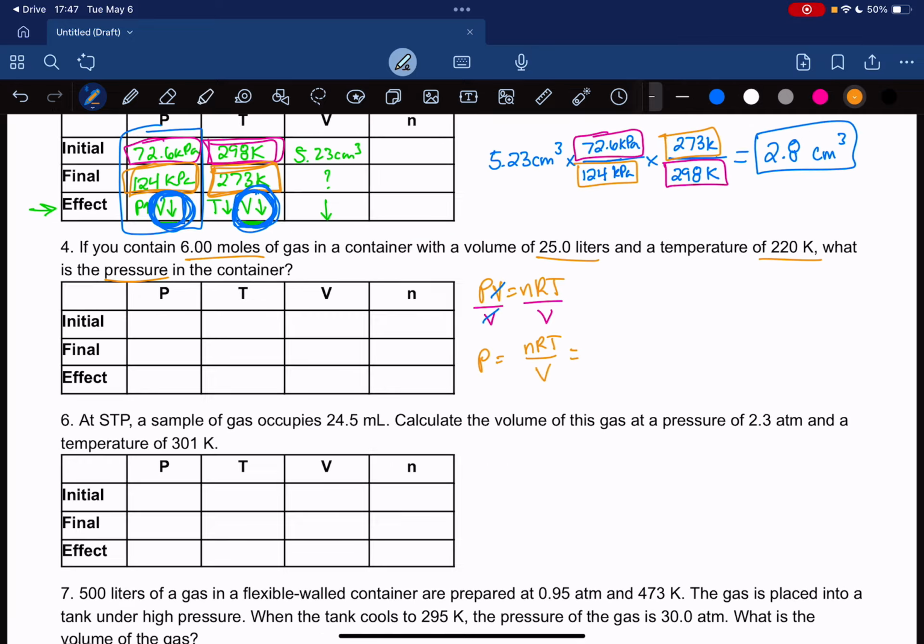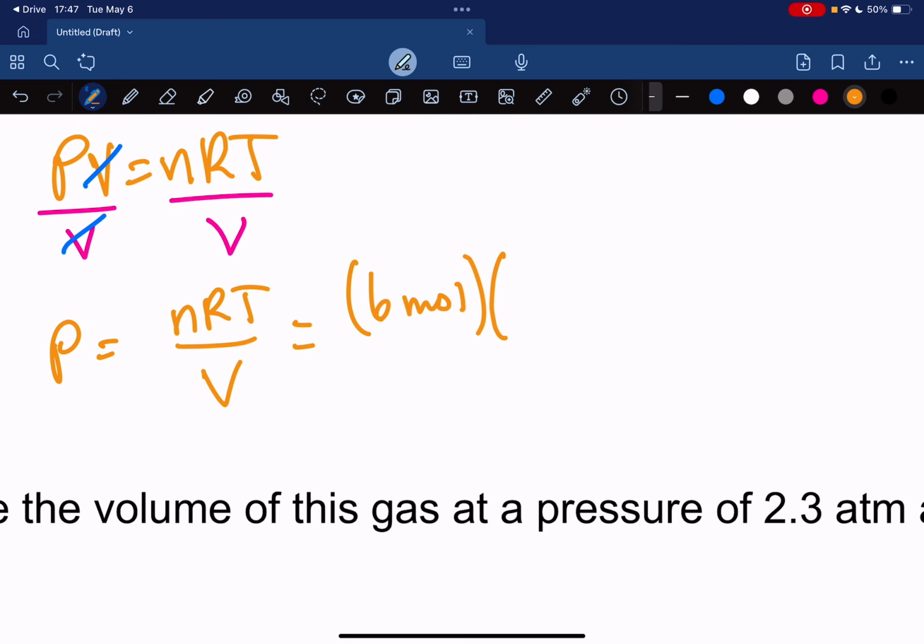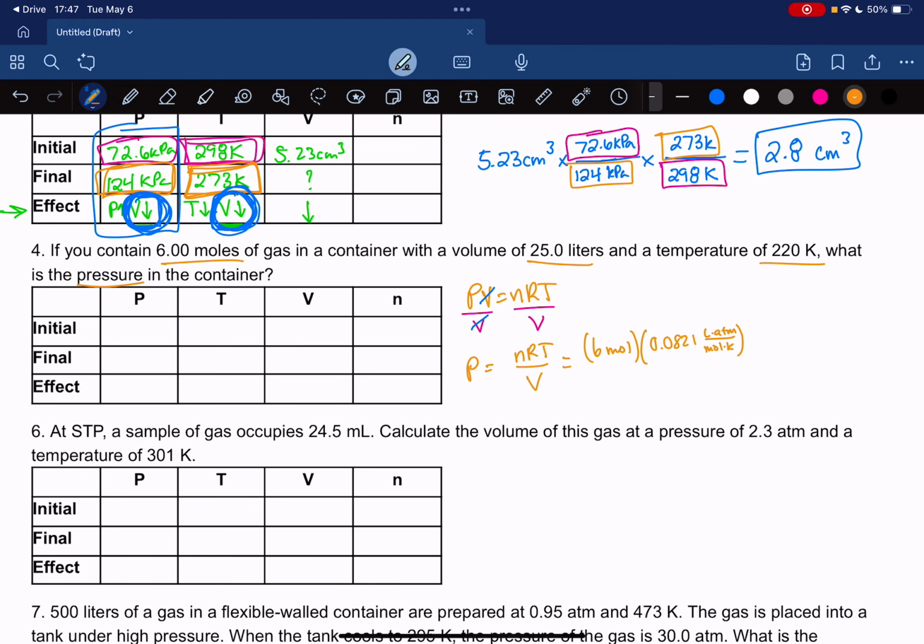Now I can just plug numbers in. So I can see that n is going to be 6 moles. My R is always the same, 0.0821 liters times atmospheres per mole Kelvin. And my T is 220 Kelvin. Nice, we don't have to convert to Kelvin this time, it's already like that. And I'll put 25 liters on the bottom because that's my volume.